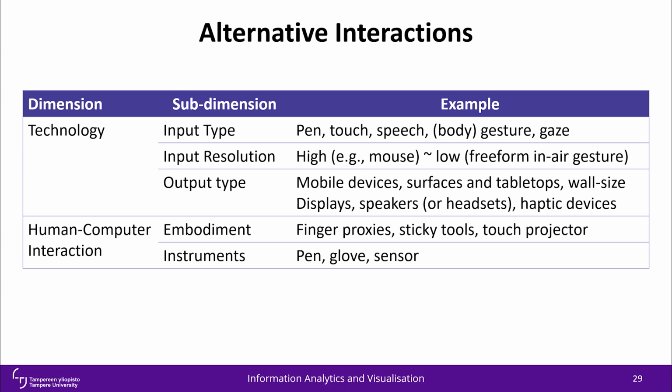But let's say that we are safe if we think of using our index finger for interacting with the mobile devices, and then we use mouse with the PC. And definitely the resolution of input differs quite heavily. Like I said, current mouses are super accurate compared, for example, to what we can have with freeform in-air gestures when interacting with public displays.